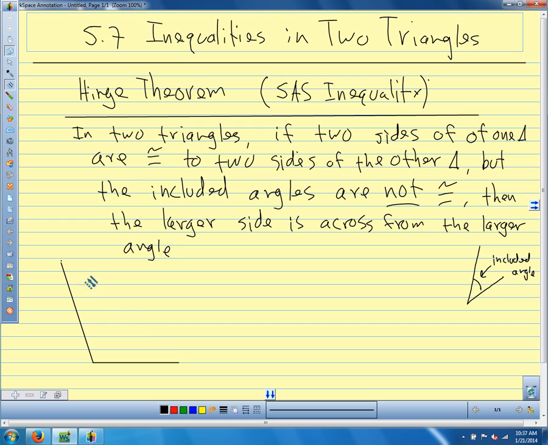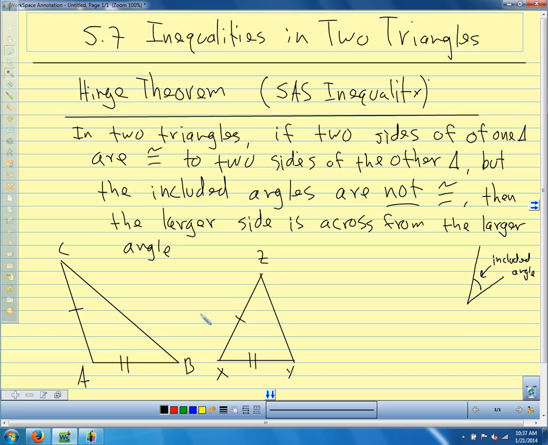So here's my triangle, and I have these sides are congruent. So we have this congruent over here. We'll call this A, B, C, and X, Y, Z. So we have these two sides are congruent on the two triangles, but the included angles are not congruent.